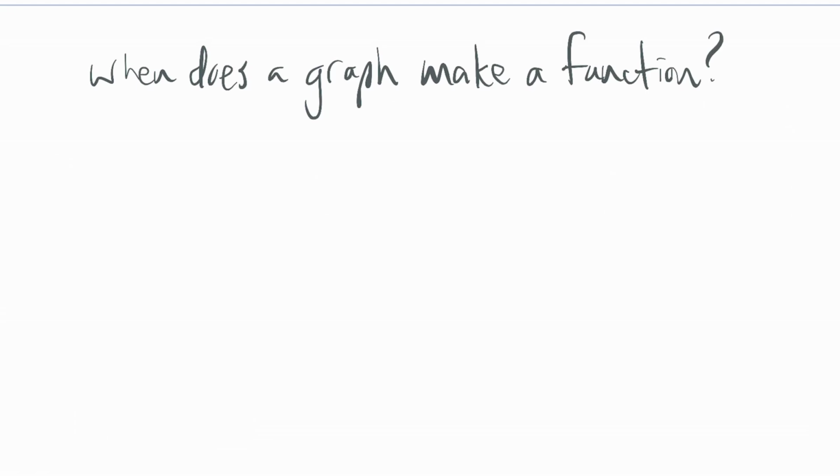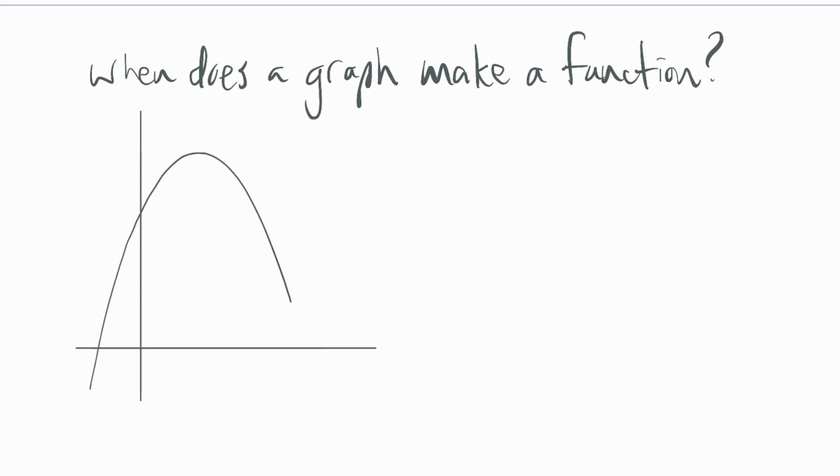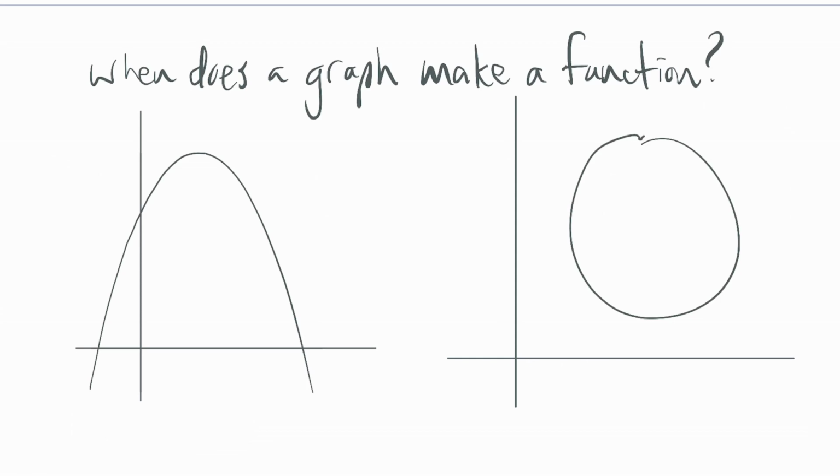If I have something like a parabola, like that, and I compare it to something like a circle, we'll use the auto circle tool. These are very different with respect to which one is a function and which one is not.